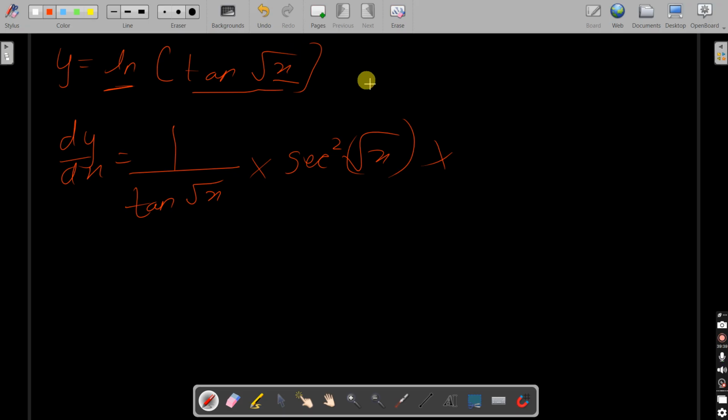So under root x is equal to x to the power half, which will be 1 upon 2 x to the power minus 1 upon 2. This is our answer. Let me see if we can simplify.